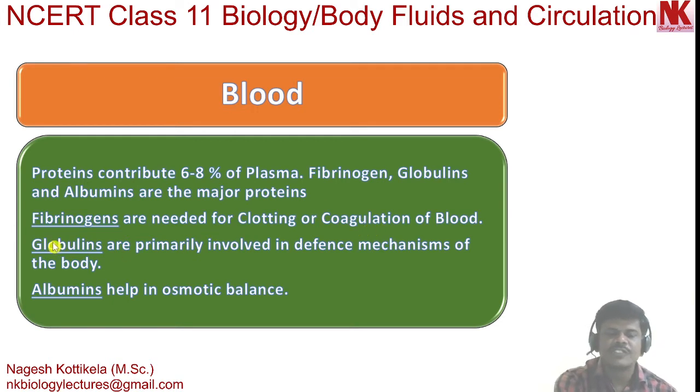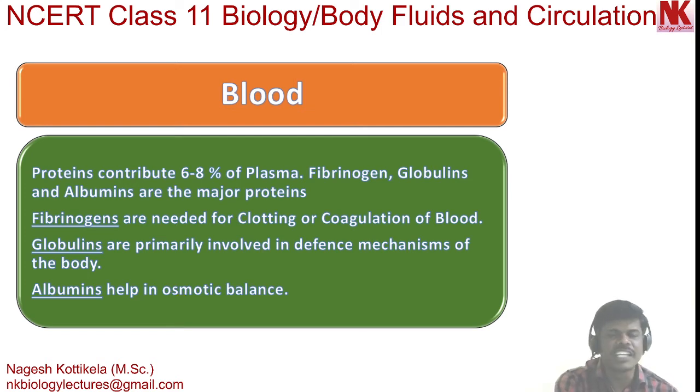The second type of proteins, globulins, are primarily involved in defense mechanisms of the body. Very important: globulins are primarily involved in defense mechanisms of the body. And the third type of proteins, albumins, help in osmotic balance.